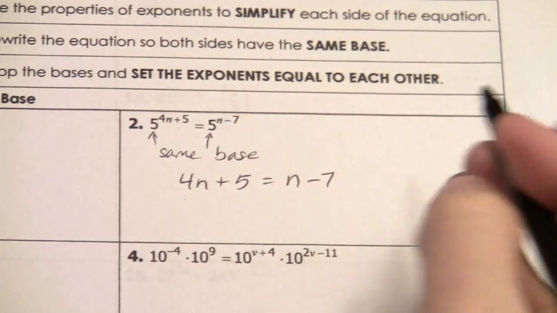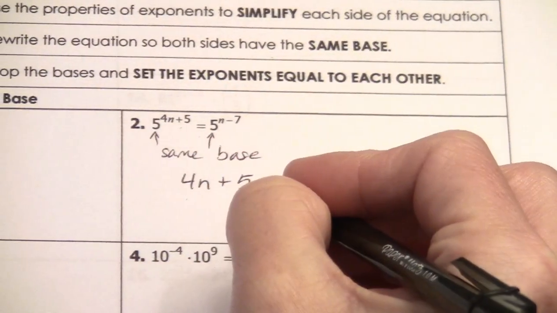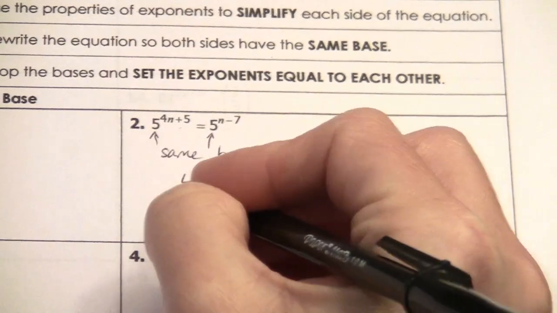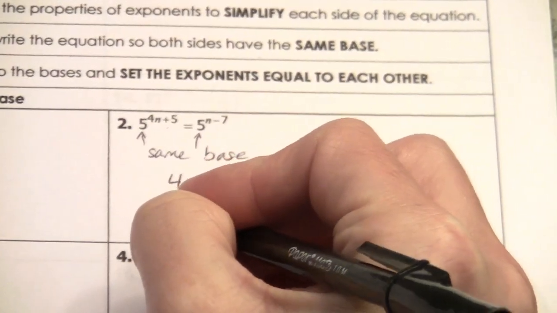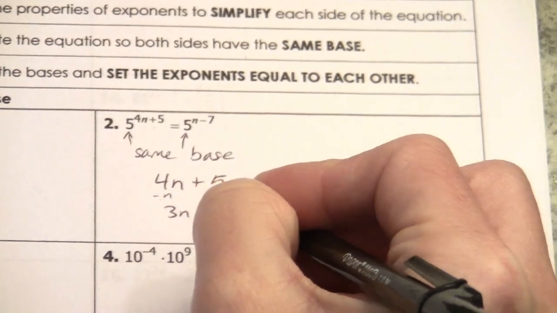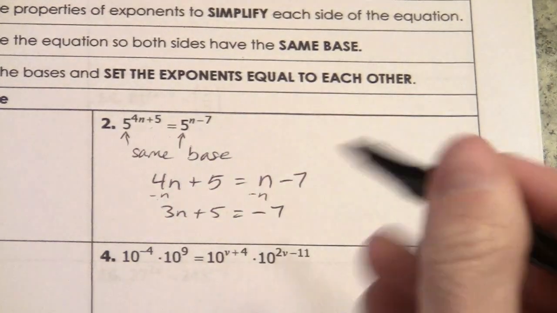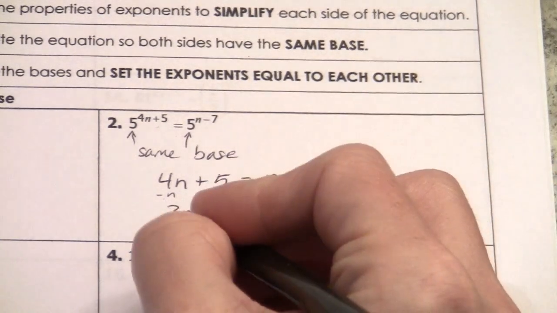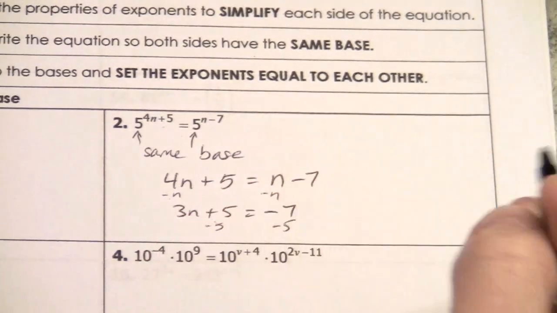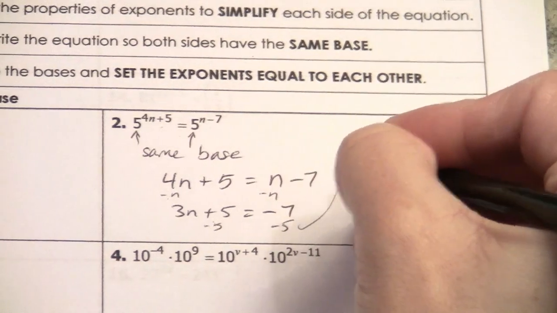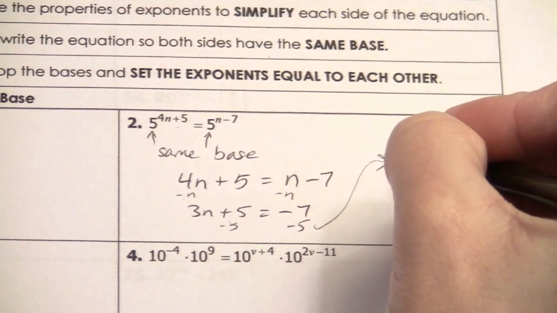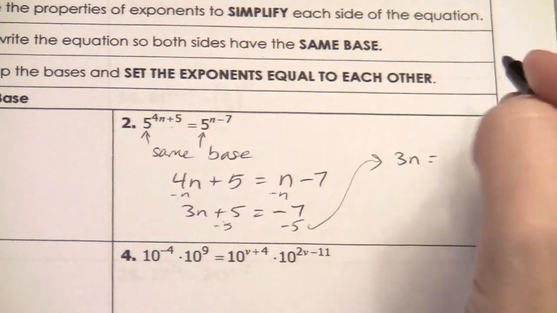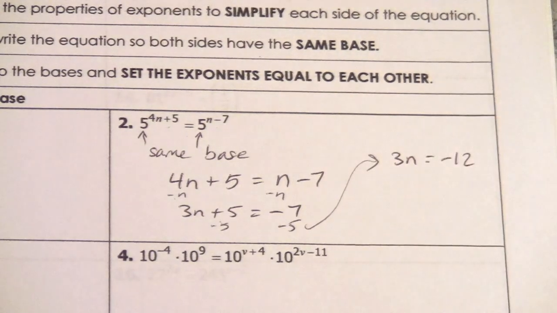If we subtract this n from both sides, we now have 3n plus 5 equals negative 7. And now we're going to subtract 5 from both sides. That's going to give us 3n equal to negative 7 minus 5, negative 12.